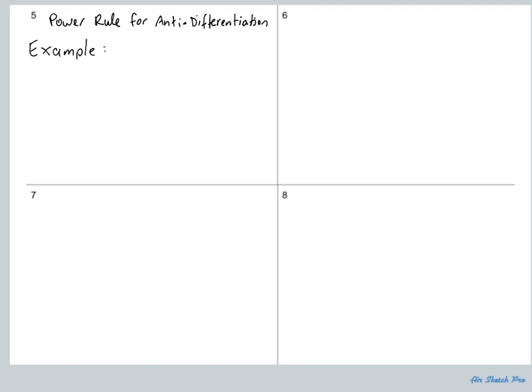So we're looking at f of x equaling, it's the same as before, 12x cubed minus 4x. And we're going to see how we would build that up. Let's start off with a simpler function first of all.